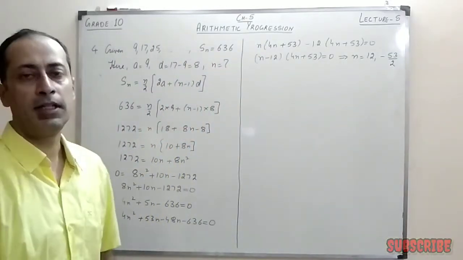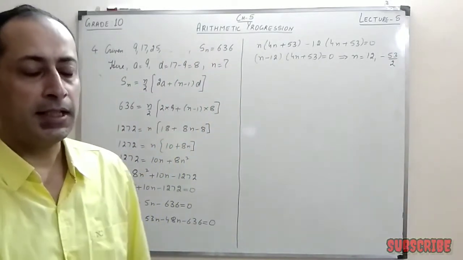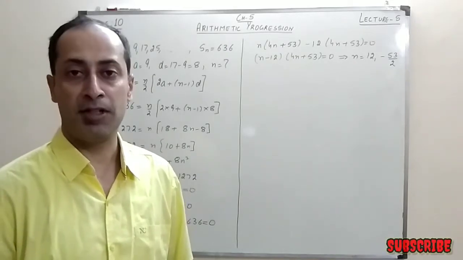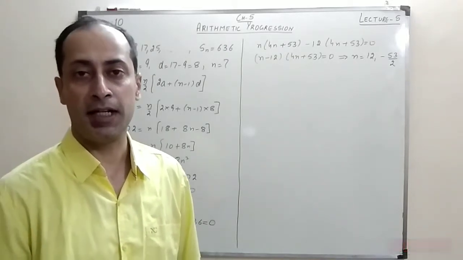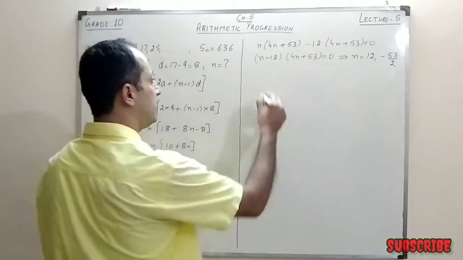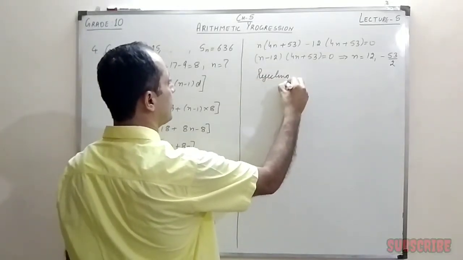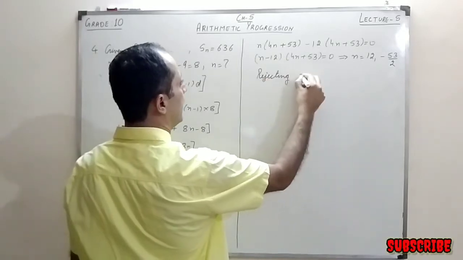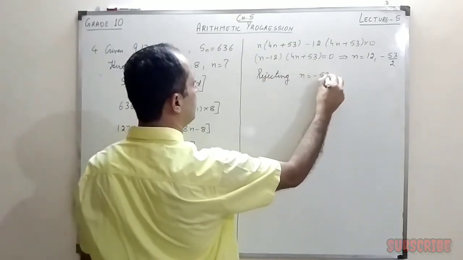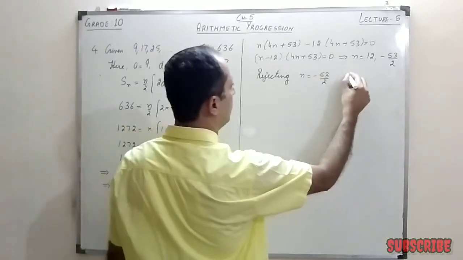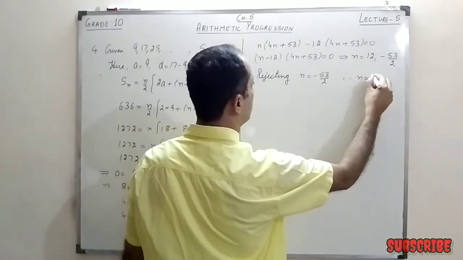Now we know, as we have seen in the previous lecture also, that n is basically a natural number, a number of terms, so it cannot be negative or a fraction. So we reject n equals minus 53 by 4. Therefore n equals 12.